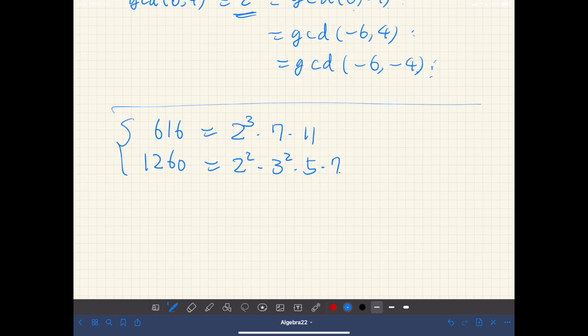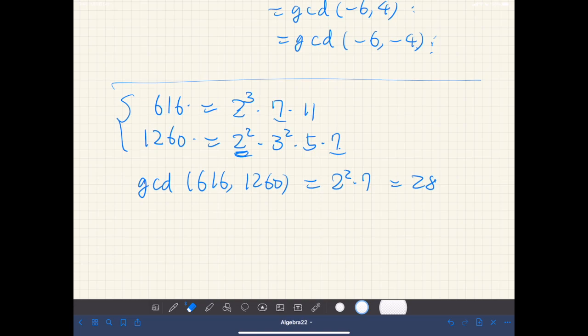So the greatest common divisor of 616 and 1260: the common factors are 2 squared and 7. That is 28.